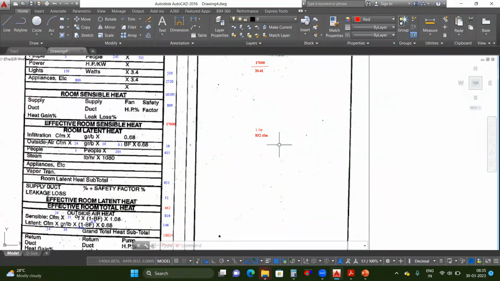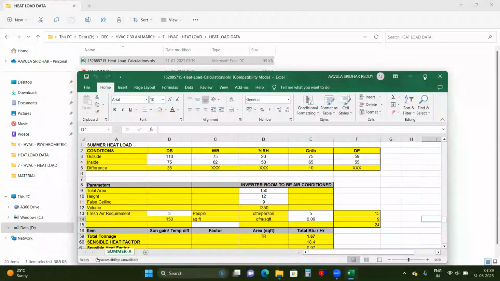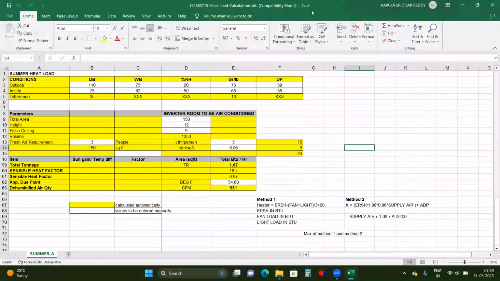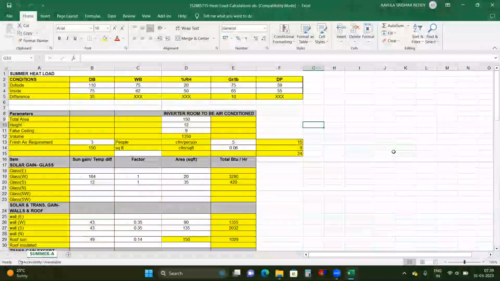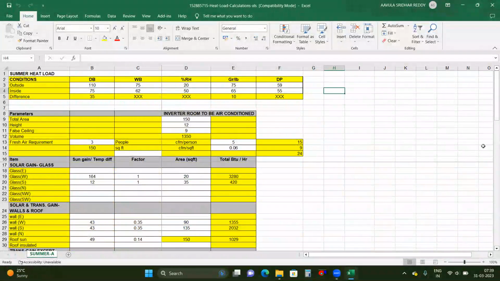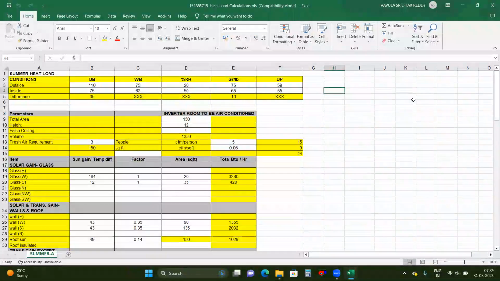So every formula will be understood. Today we'll see the Excel method for calculating the heat load. It will save a lot of time. We'll enter the same values we have taken in the manual calculation, and we will compare the results of both.